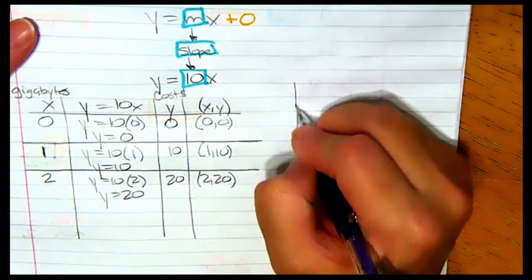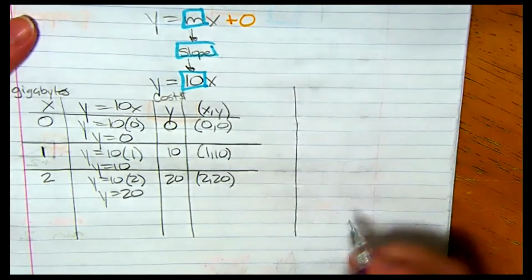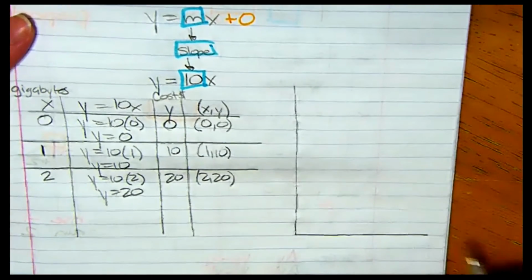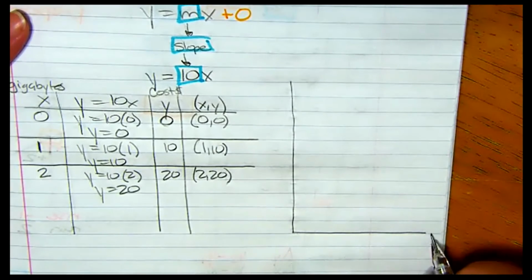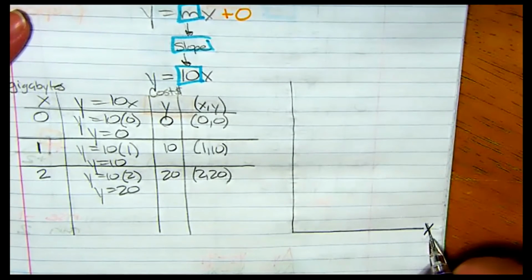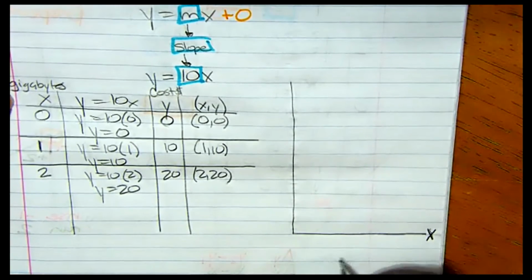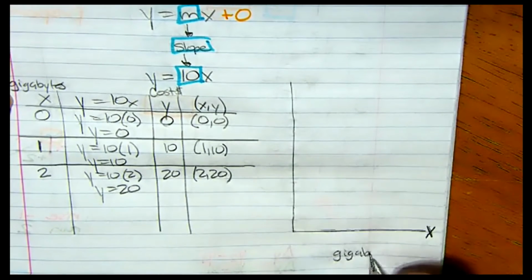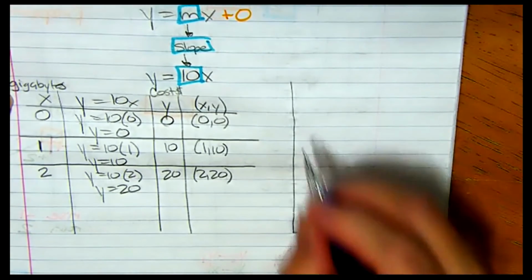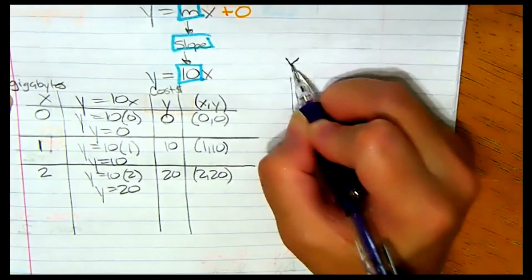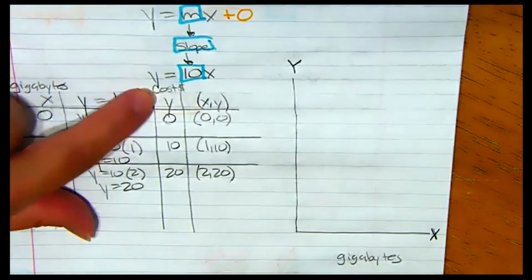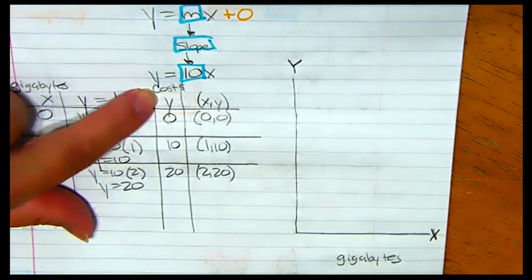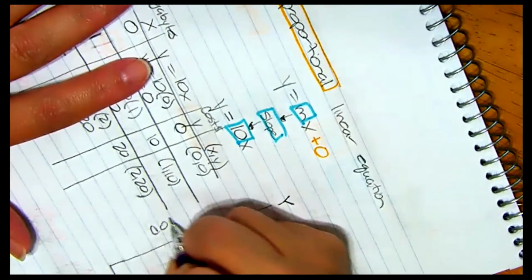Now let's graph it. My x-axis is horizontal, and they said x was gigabytes. My y-axis is vertical, and they're telling me my y is cost in dollars.